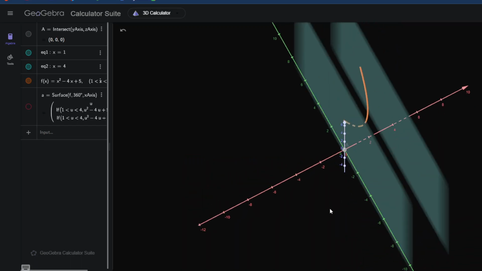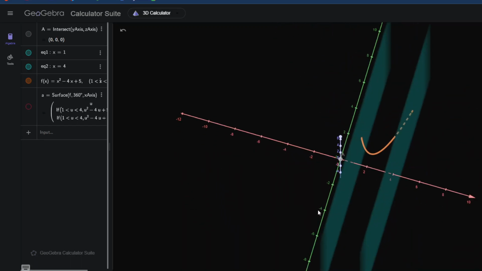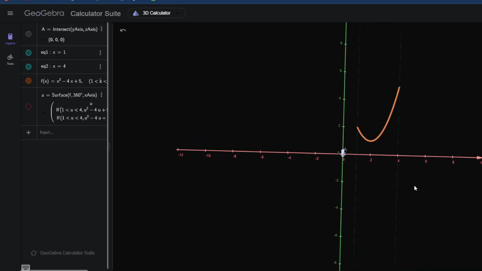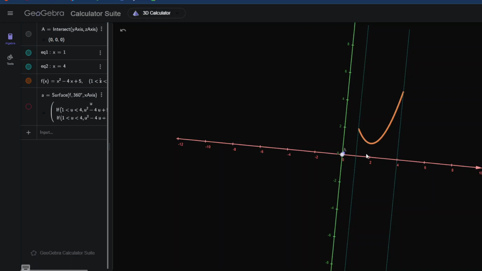You can see three-dimensionally what this kind of looks like as well, right? So what we want to do is take this region right here, the part that's bounded by x equals 1, x equals 4, and the x-axis, and rotate it about the x-axis.